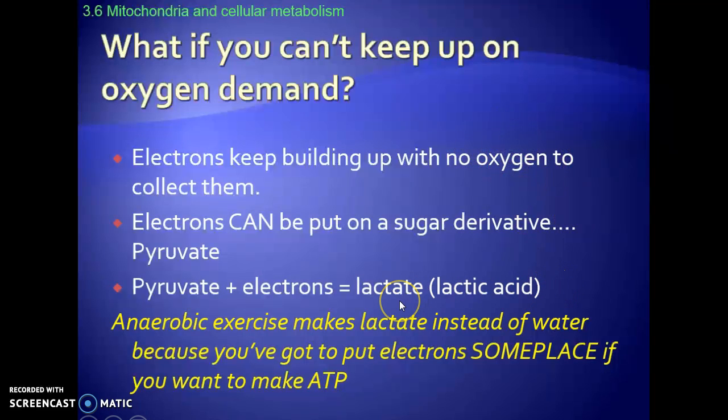And so your cells are still working, but there's not enough oxygen, so they're creating lactic acid. And that lactic acid is an irritant to your muscle cells. What you've actually gone through is anaerobic exercise that makes lactate instead of water, because you've got to put the electrons someplace to make the ATP.